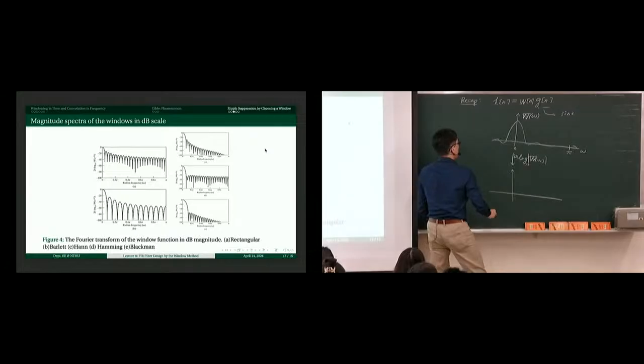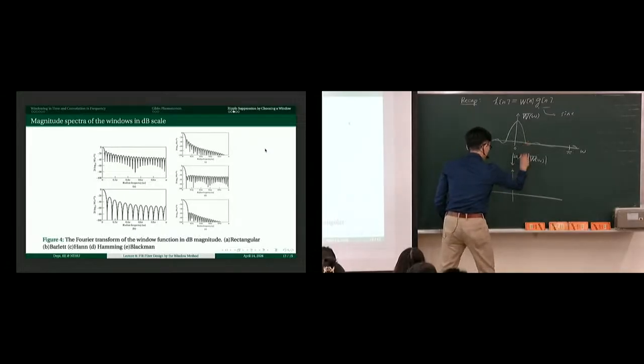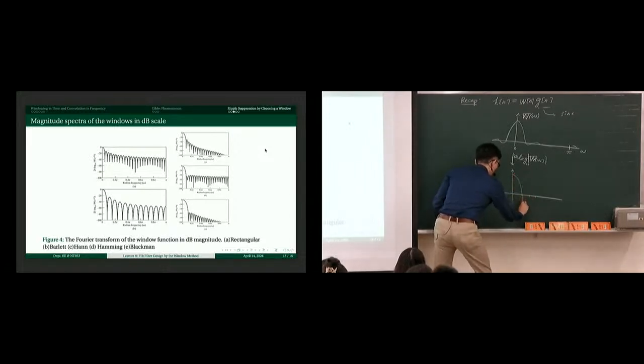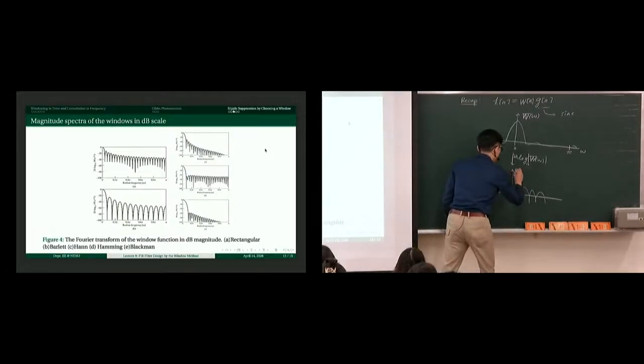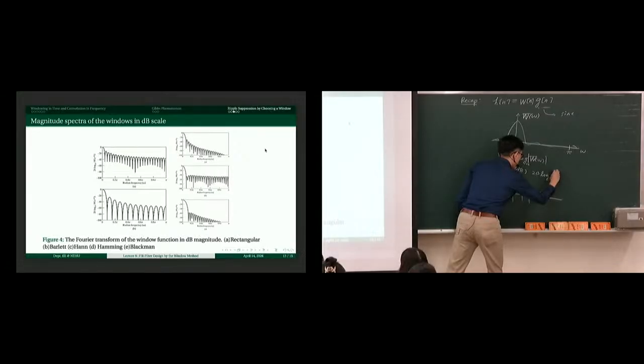Whenever you have a zero crossing, you have a notch. So that's when we take 20 log 10 of the Fourier transform of the window.